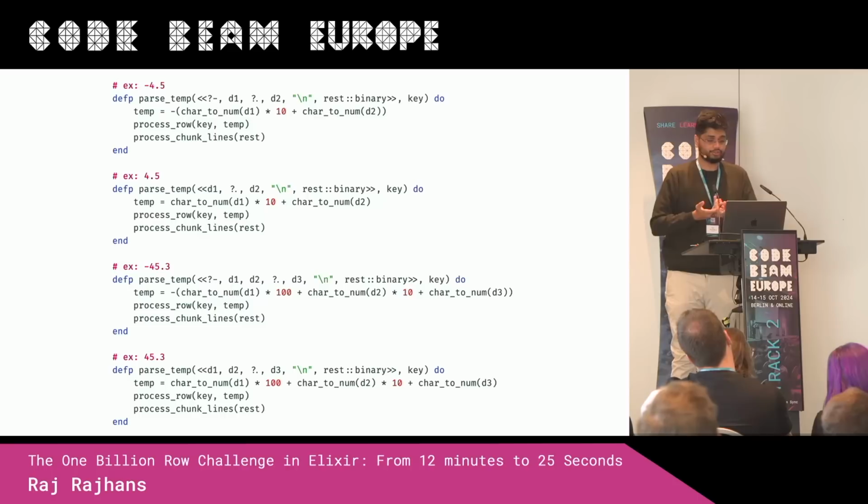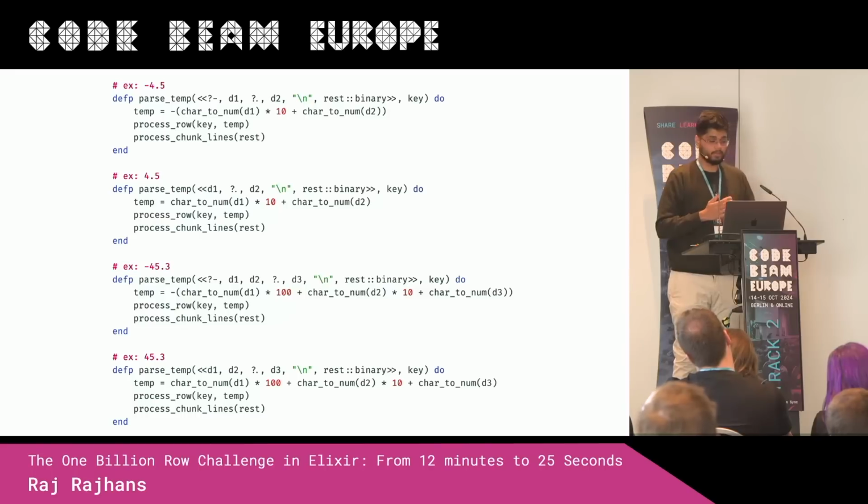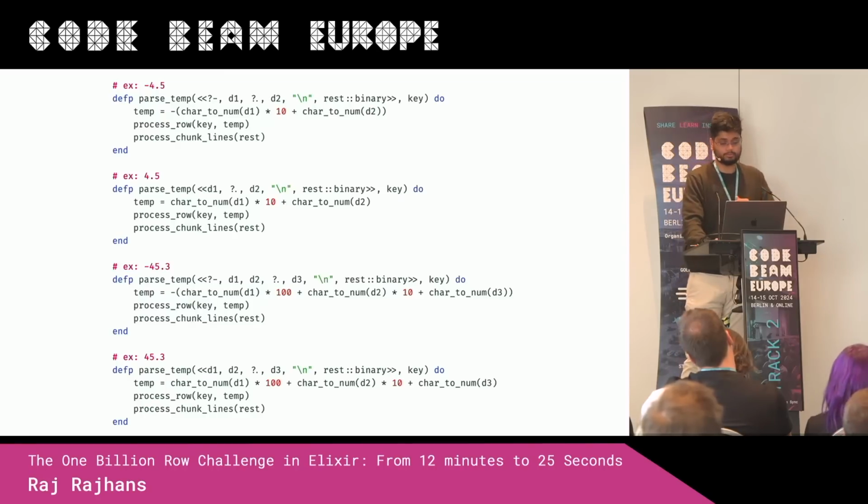So in addition to parsing the temperature, parse temperature also now has the responsibility to get the whole recursive chain going. It calls process chunk lines with the rest after it's done processing the current digit value that it is currently processing.